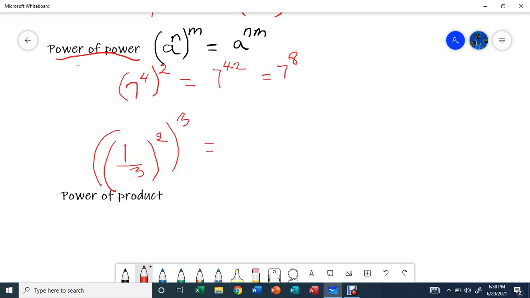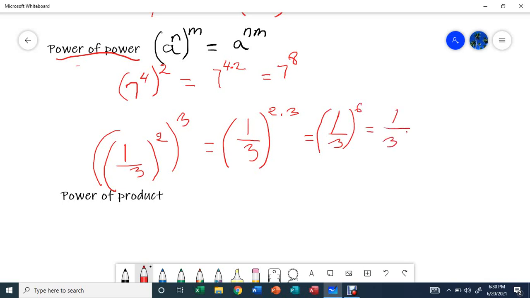So keep the same base, 1/3, and multiply the powers, 2 times 3, or 1/3 to the 6th power, which is just 1/3 to the 6th power, because 1 to the 6 is just 1. We can change it to a negative exponent, which we're going to talk about later. So for now, just leave it as 1/3 to the 6th.